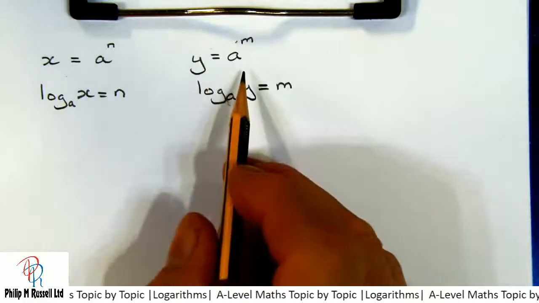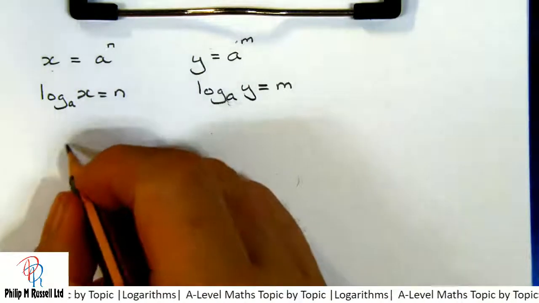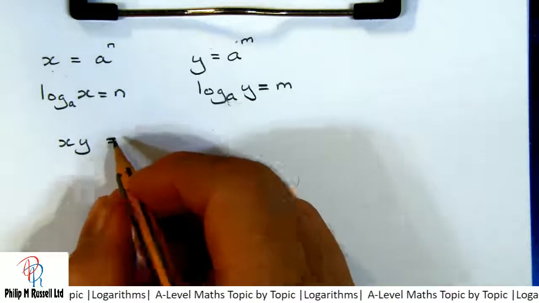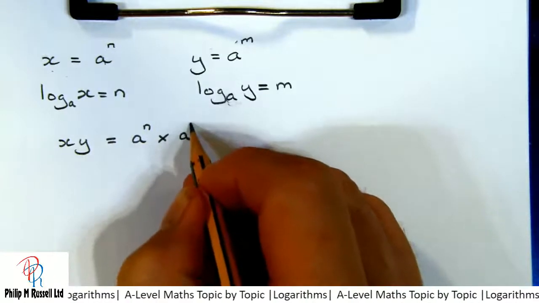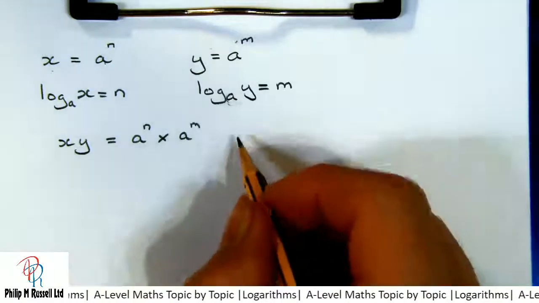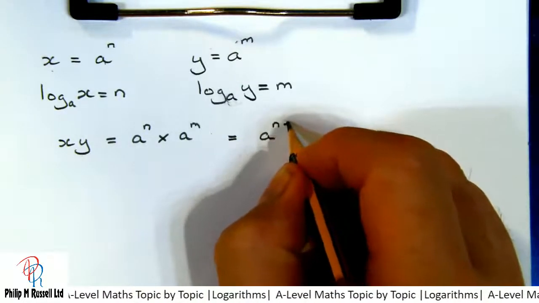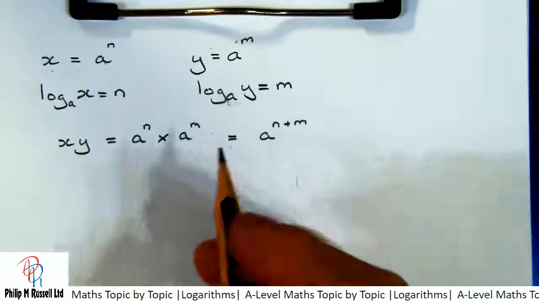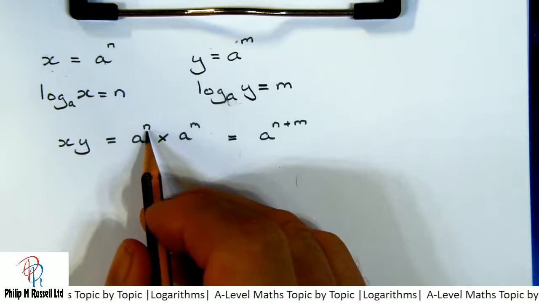What do we know about trying to multiply x and y together? Well, that's easy. If I want x times y, then that would be the equivalent of saying a to the n times a to the m. And if I wanted to write that, I could write that as a to the n plus m. Now, I already know what some of these things are.